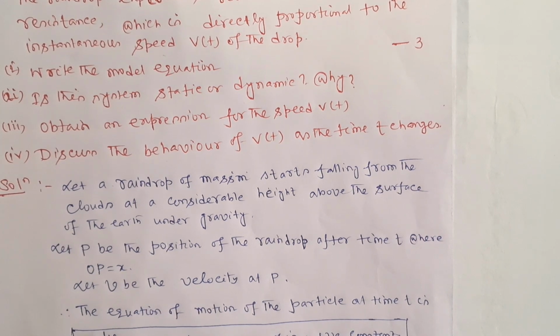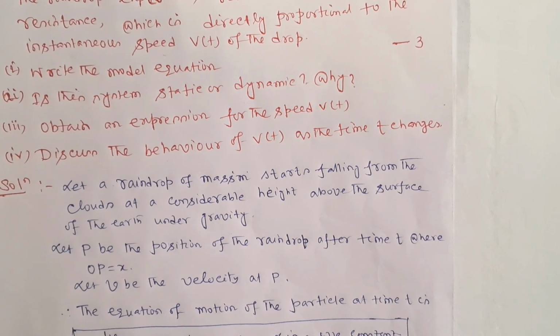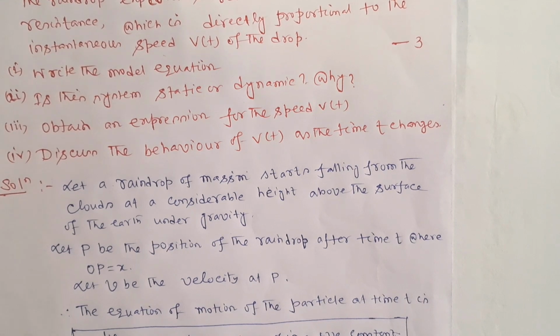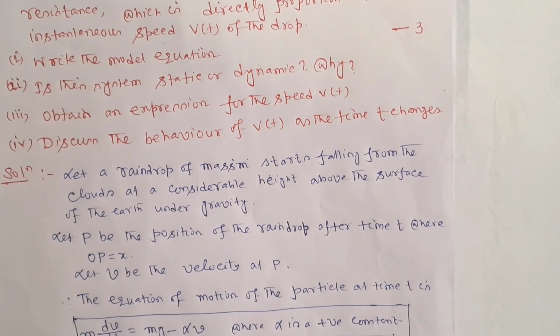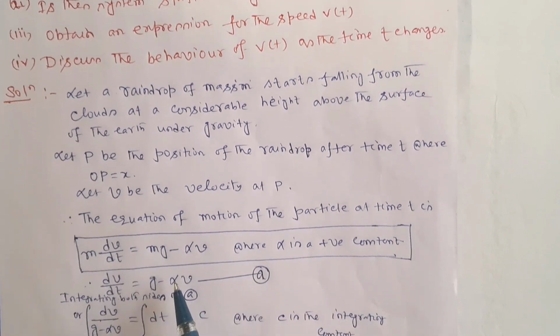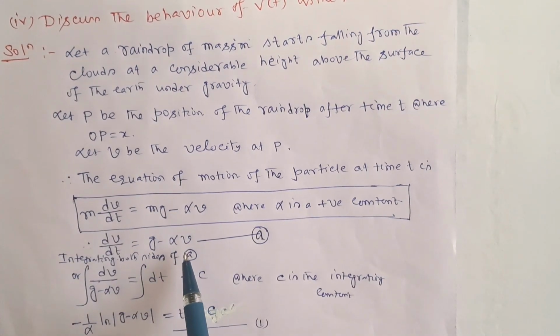Here what is P? mg is acting downwards, and the resistance alpha v is acting upwards, so mg minus alpha v, where alpha is a positive constant. From this, cancelling m, we get dv/dt equals g minus alpha v.